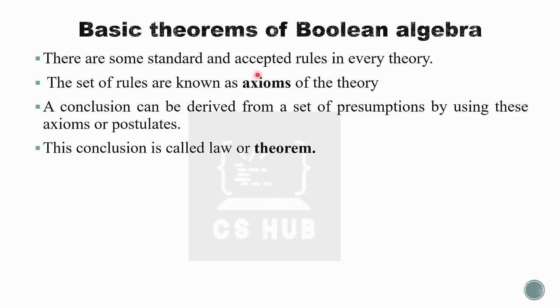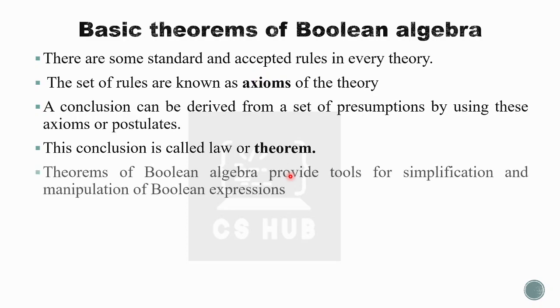So the axioms are a standard and accepted set of rules, and using these rules, we can derive some conclusion from these axioms and a set of presumptions. This conclusion is known as a theorem. Theorems of Boolean algebra provide tools for simplification and manipulation of Boolean expressions.